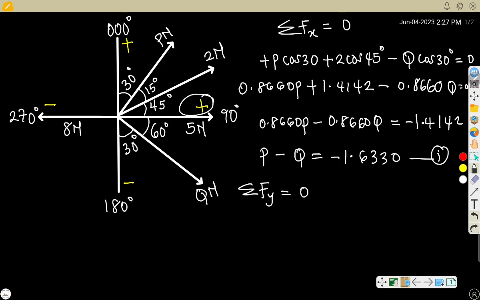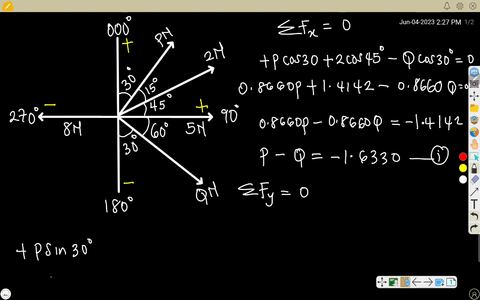The sign there is plus, so this will be plus P sine 30. I'm using 30, which means I'm using the angle to the horizontal. But if you choose to use this P to the vertical, that will be 45 plus 15, which is 60.